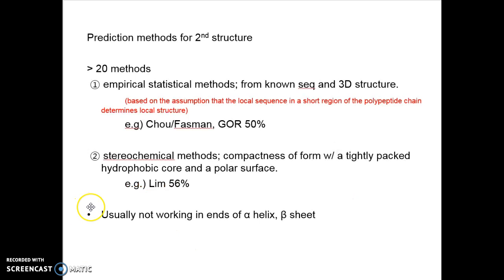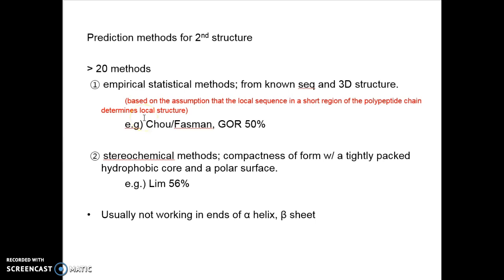There are over 20 different prediction methods out there. These are classified into two types: empirical statistical methods and stereochemical methods. The first one, the empirical statistical methods, use parameters obtained from analysis of known sequences and tertiary structures.